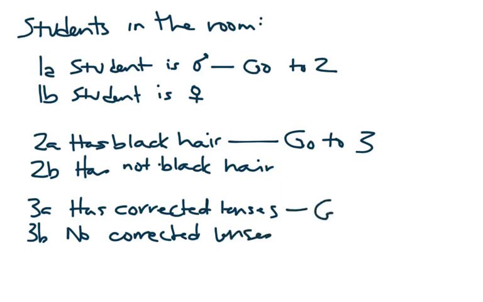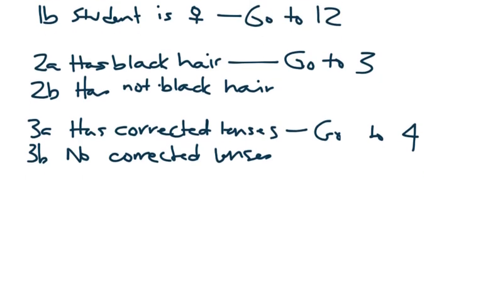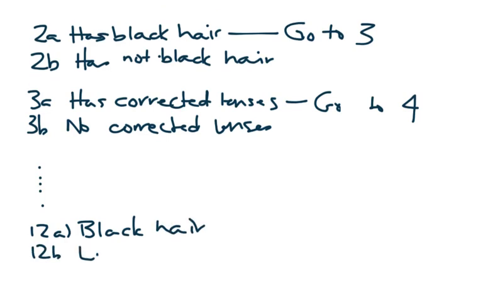And then you could say go to 4. So, over here, what would we say up here? Well, it might say go to 12. And then you would skip all the way down and find 12A, black hair, or 12B, light colored hair.